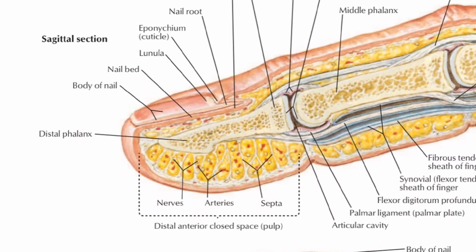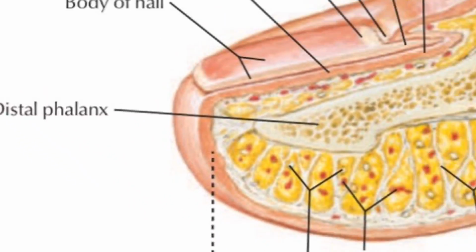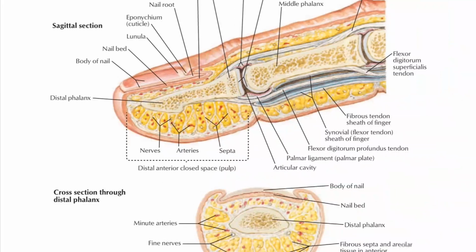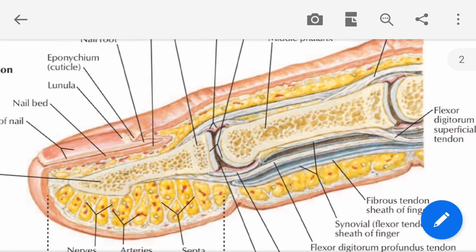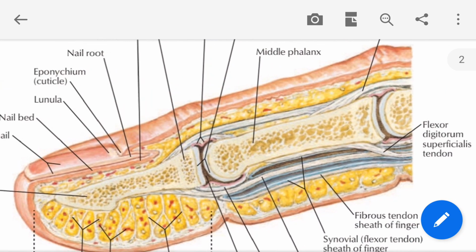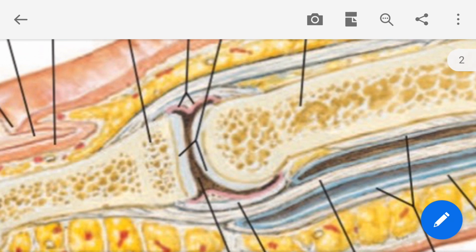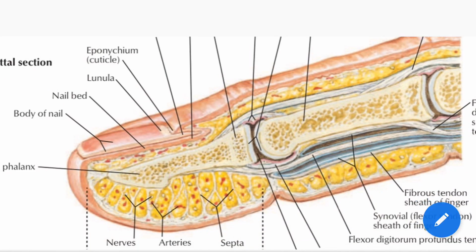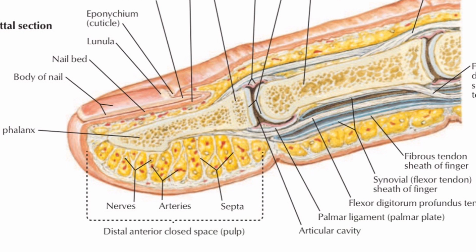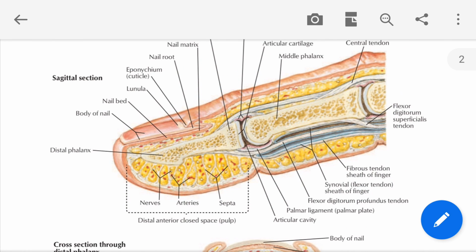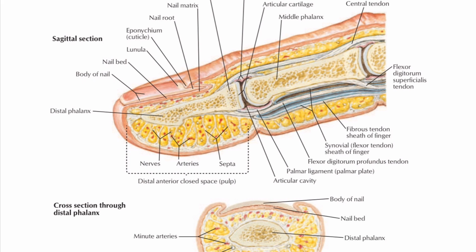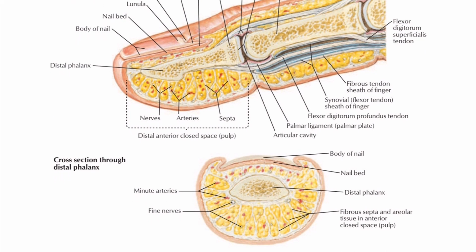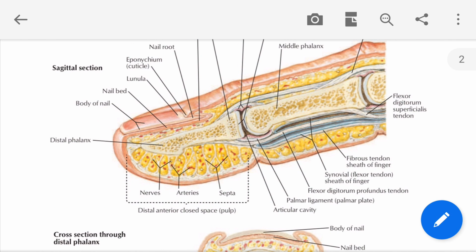Then this is the distal phalanx, and between the middle phalanx and the distal phalanx, as you can see, this is the synovial joint. So you go through this figure. So the synovial joint in our finger is between the phalanges.